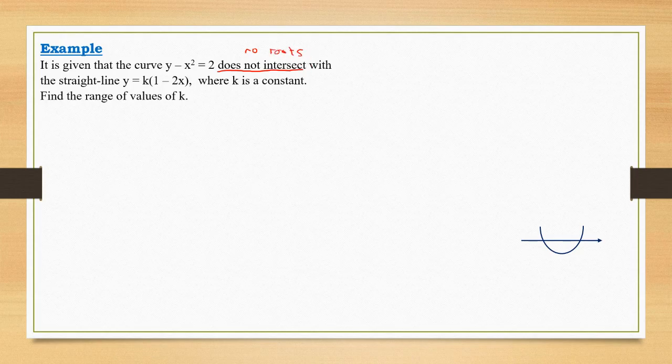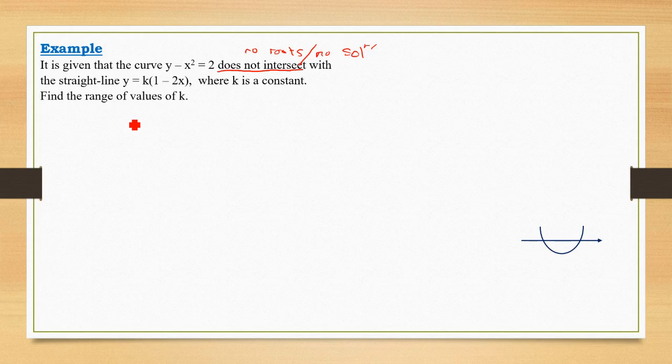I've given you this in the table during my intro. You have a curve and a line. Does not intersect means we use simultaneous equations to put them together, and then you say there is no root, or in other words, no solution. That means you cannot solve.